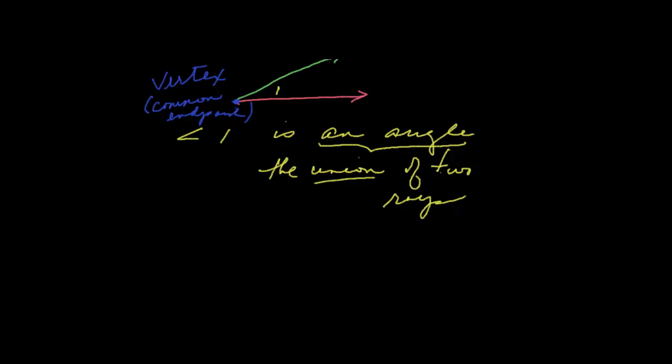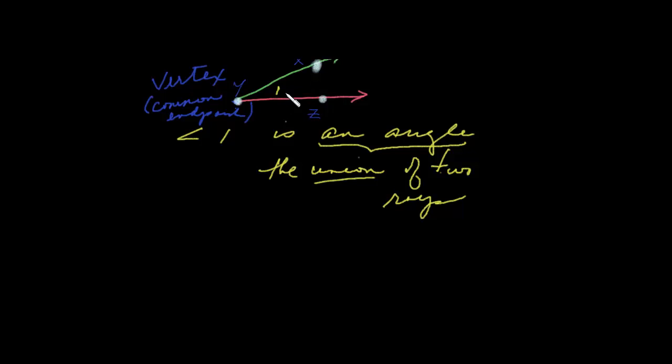Let's use this point here, a little darker, another point here, the vertex that we've identified before, and a point here. So now we can use angle 1, or if we want to use other letters, we can call this angle XYZ.